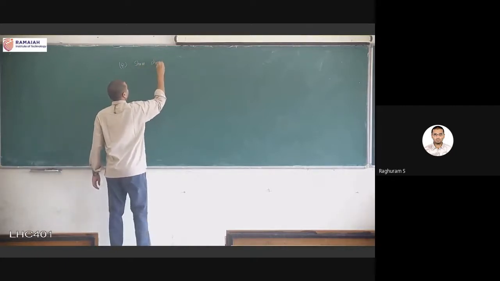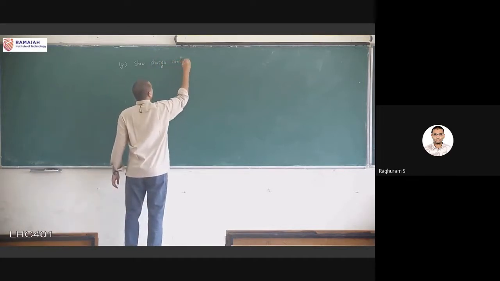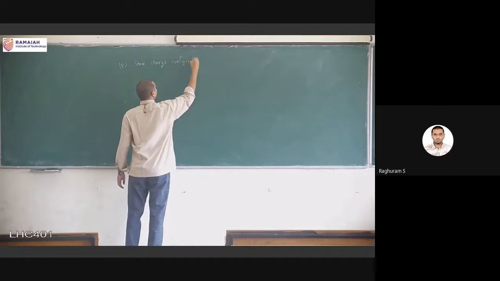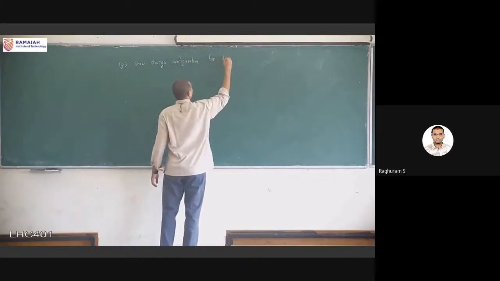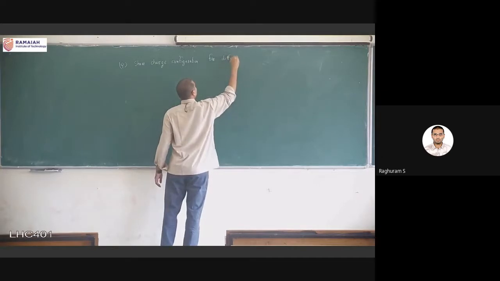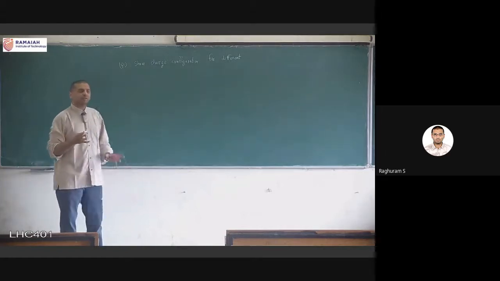So the question is, I think the last time the question was: show the charge configuration for different values of VDS.